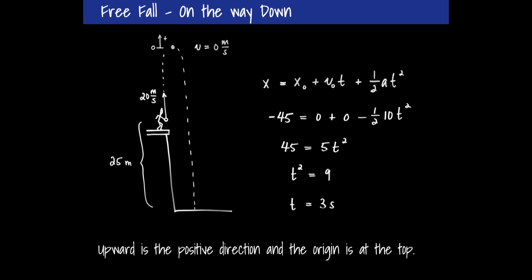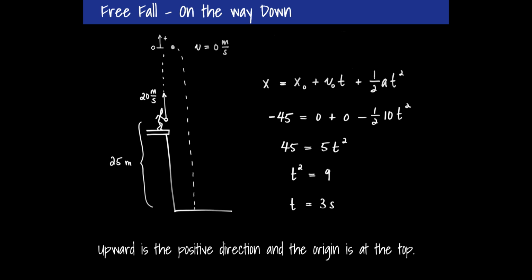Imagine I had drawn the whole number line vertically. By the time it gets here to the bottom of the building, its position would be negative 45. Position is a vector. It has a magnitude and a direction. This ball is going to go 45 meters in the negative direction. And so I have negative 45 there.